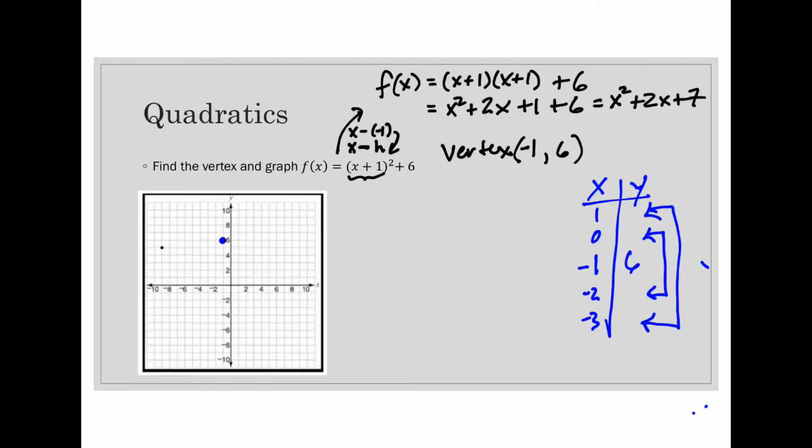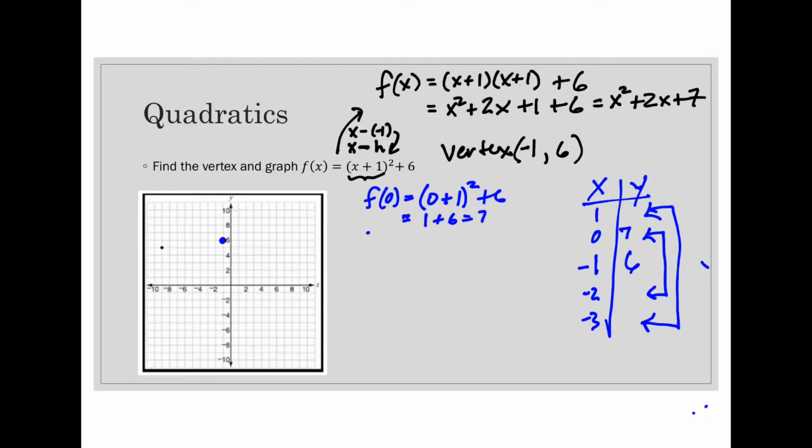It cancels out stuff. It's actually a little bit easier when it's in standard form. But all right, let's just plug that in. So 0 plus 1 squared plus 6. Well, that's 1 squared, which is 1, plus 6, which is 7. So I see that 0 gives me 7.